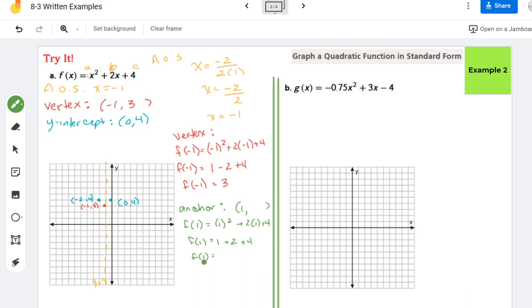So at 1, my function has a y value of 7. So there's 1, 7. I'm going to reflect that across my axis of symmetry, which puts it at -3, 7. Now I have my 5 anchor points, and I can go ahead and draw my kind of U shape.